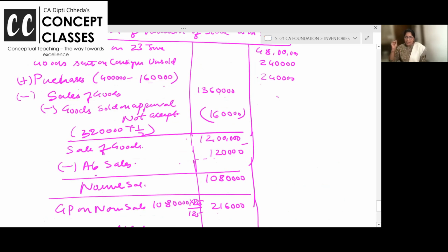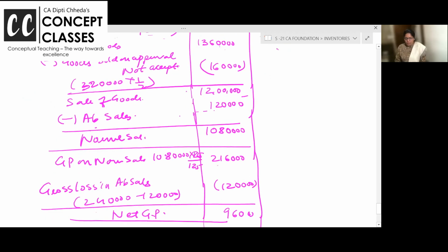Do this problem again at home. If you face any doubt in doing it yourself with your analysis, ma'am, I'm stuck up at this point, send me a voice note today. आपको समझ में आया?